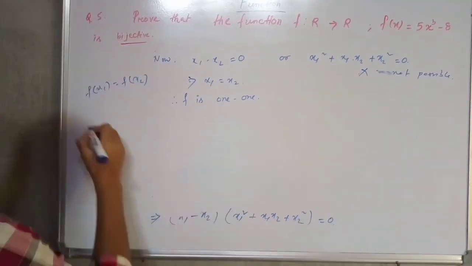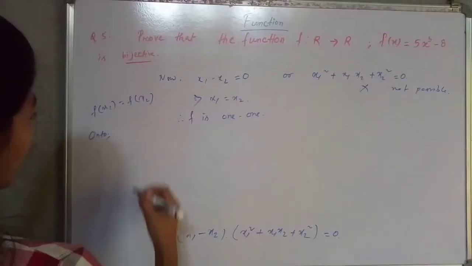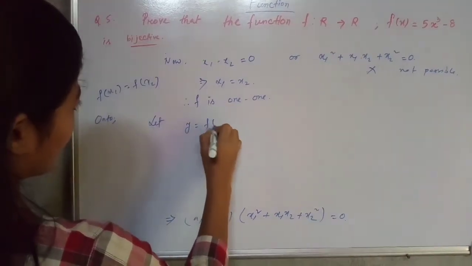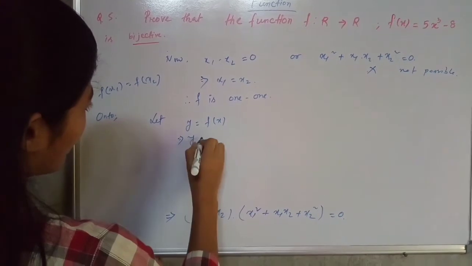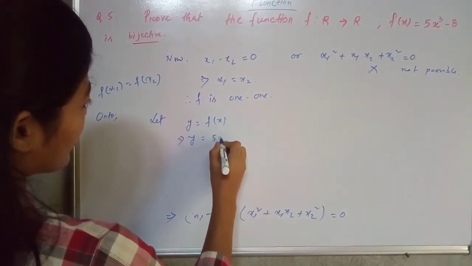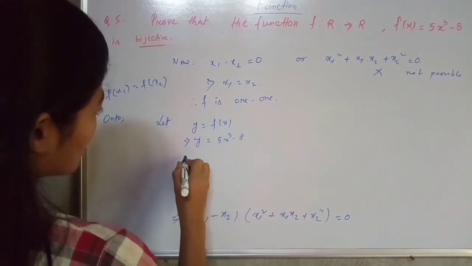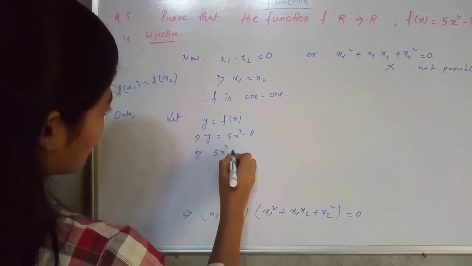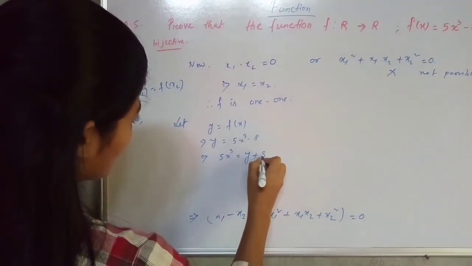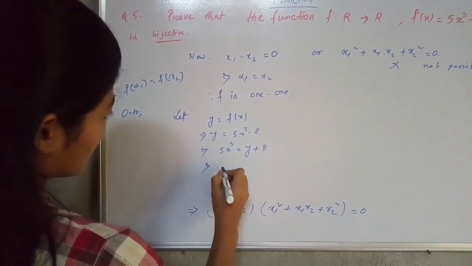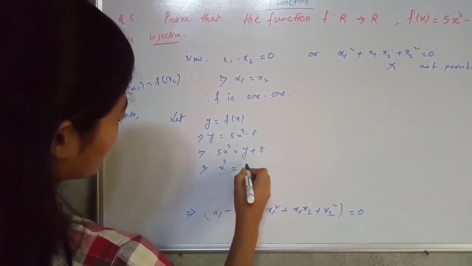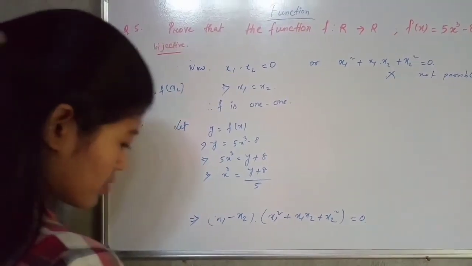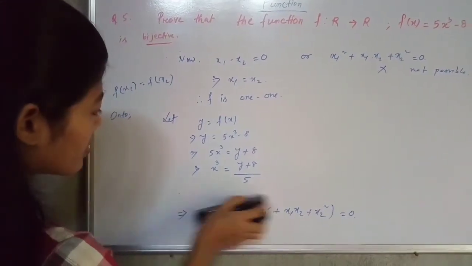Now to check onto. Let y equal f of x. That means y equal 5x cubed minus 8. We express x in terms of y. 5x cubed equal y plus 8. x cubed will be equal to y plus 8 divided by 5. Now we require x only.